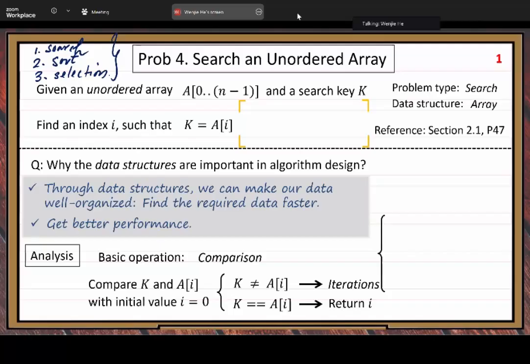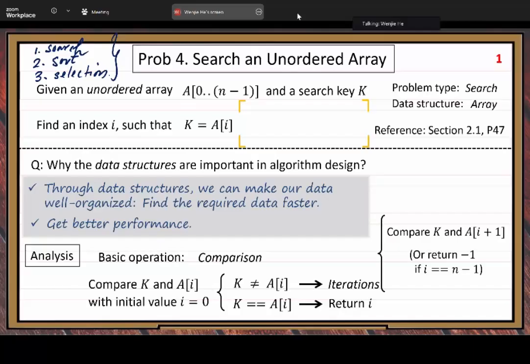In the next iteration, you compare K and A of I plus 1, again with two possible outcomes. You keep doing iterations until the end, because at the end there is a possibility that there is no match.